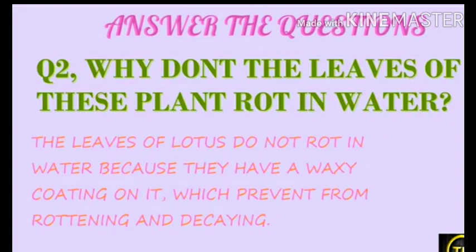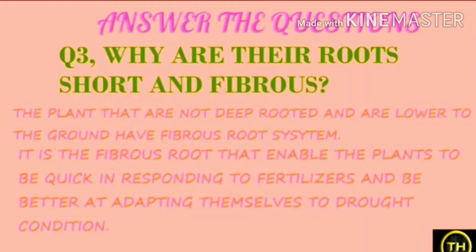Question number 2. Why don't the leaves of this plant rot in water? And the answer is, the leaves of lotus do not rot in water because they have a waxy coating on it, which prevents them from rotting and decaying. Now the third question.